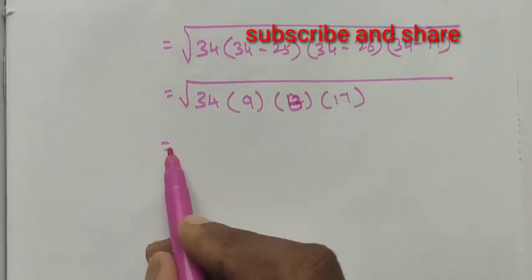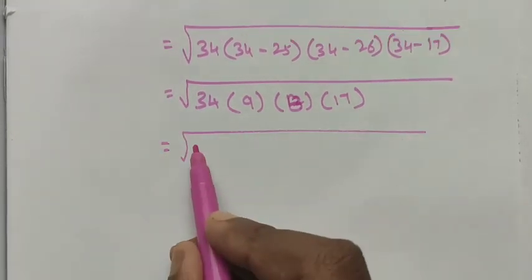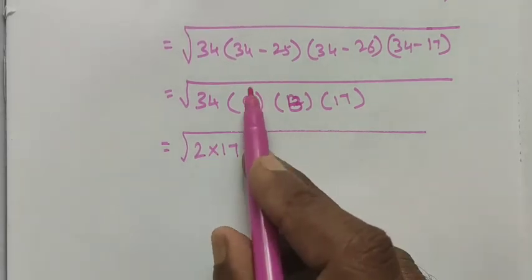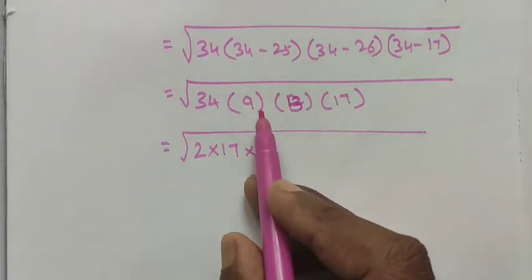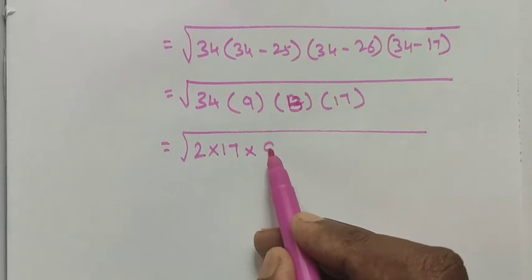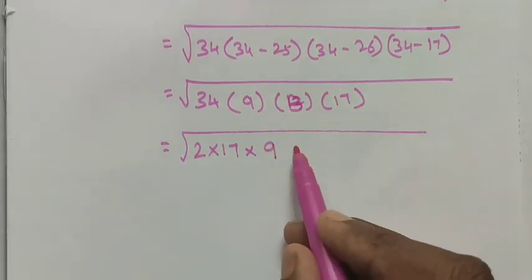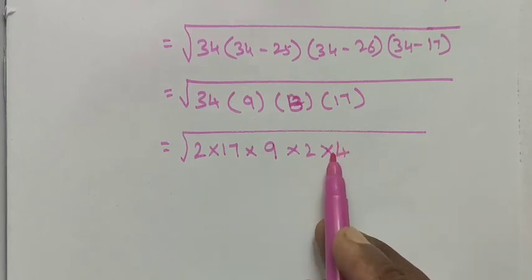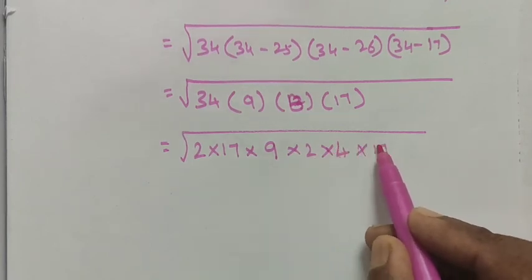Now expand the given terms by prime factorization. 2 into 17 is 34, and then 9 is a perfect square number. Here 8 can be written as 2 fours are 8. Here 4 is a perfect square number, and then 17.